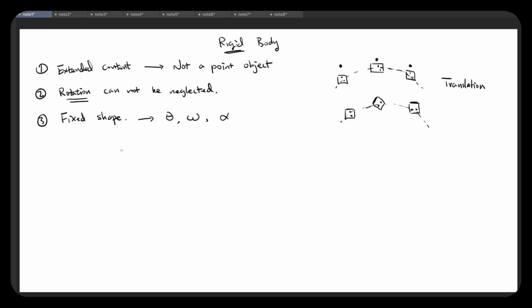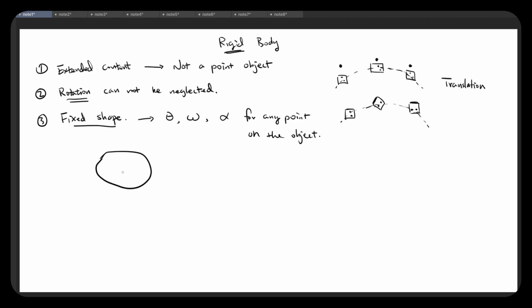So here is one diagram. Let me draw a diagram to show you such a concept. So we have a fixed theta, omega, alpha for any point on the object. Now let's see the importance of fixed shape.